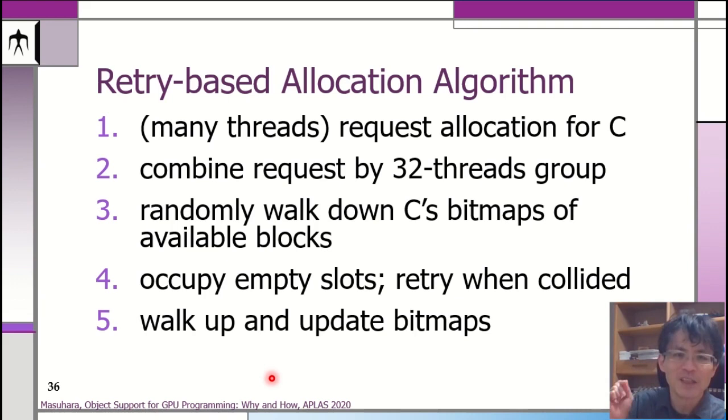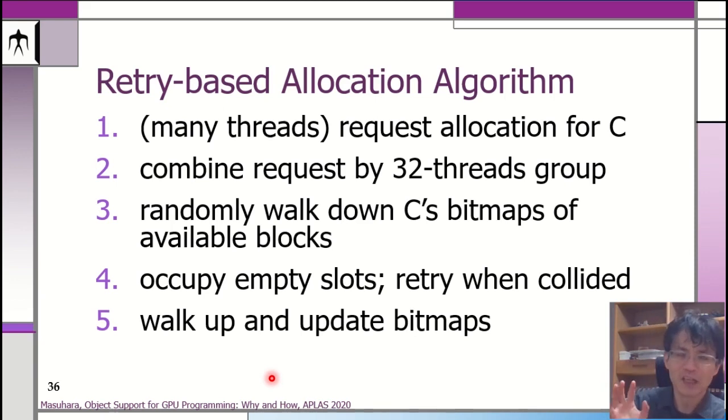Then the representative thread of each 32 threads group randomly walks down the C's bitmap to find an available block. And when they reach an available block for class C, that thread occupies empty slots by modifying the bitmap inside of the block, and then the allocation is done.